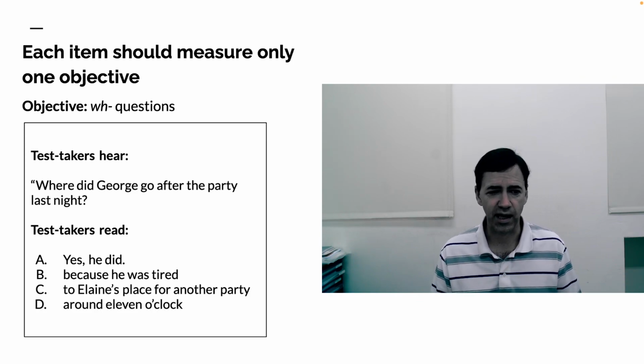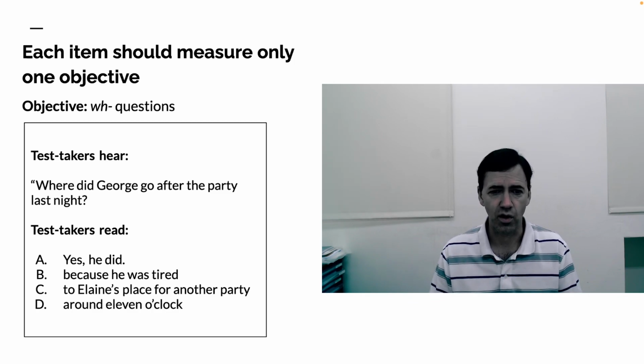Test takers read: A, yes he did; B, because he was tired; C, to Elaine's place for another party; D, around 11 o'clock. Okay, so as I said, pause it and ask yourself, does this item only measure one objective, which is WH questions, or is there something else being measured?